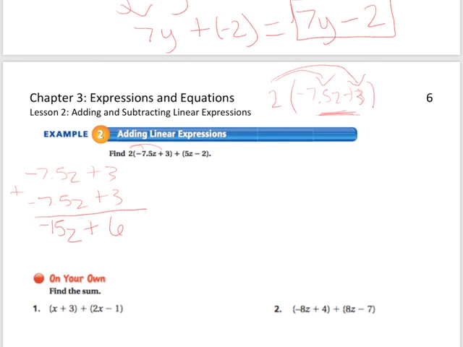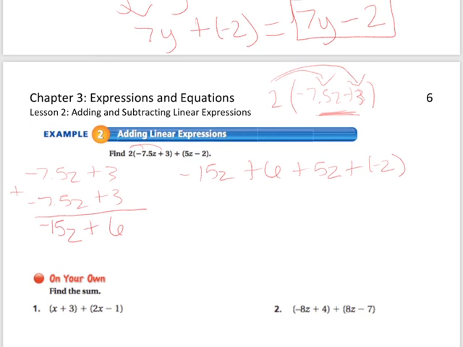So now that we have that, we have negative 15z plus 6 plus 5z, and I'm going to turn that minus 2 into plus negative 2, just so that we know that the negative sign is attached to that 2. So then if you want to stack them up vertically, you can, or if you want to use the horizontal method, whatever you feel most comfortable with.